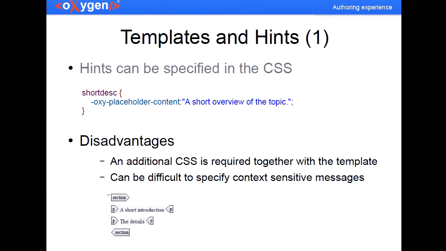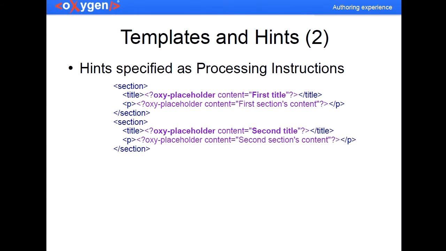So we thought about a solution to these issues, and the best place to put these hints would be directly in the template, in those elements. And for that, XML processing instructions are a great opportunity.